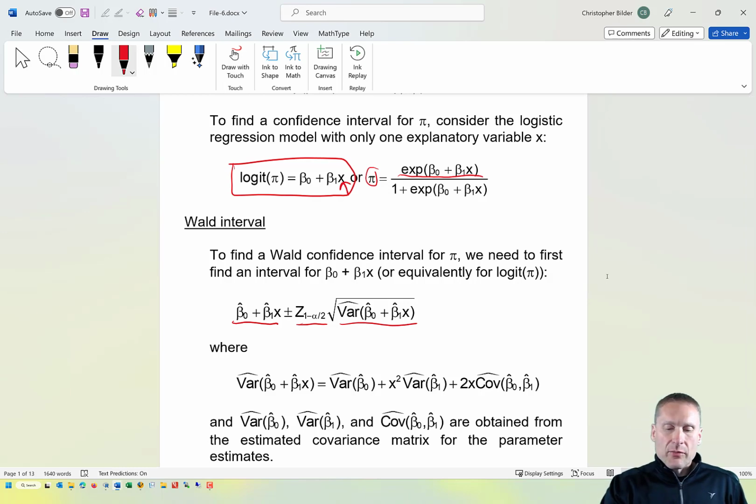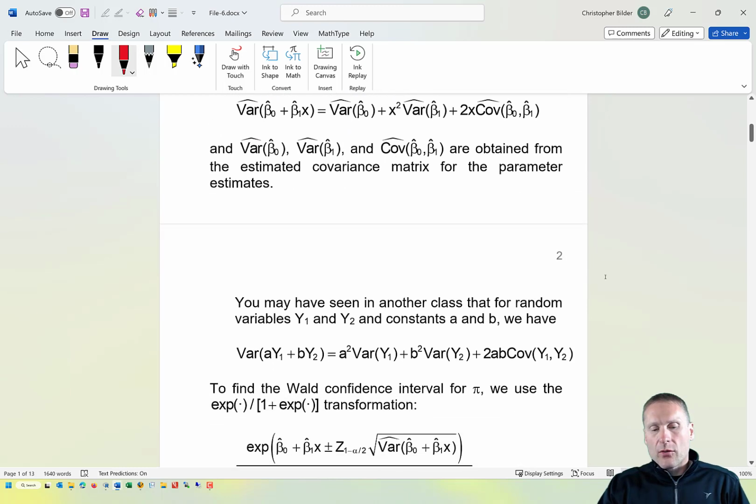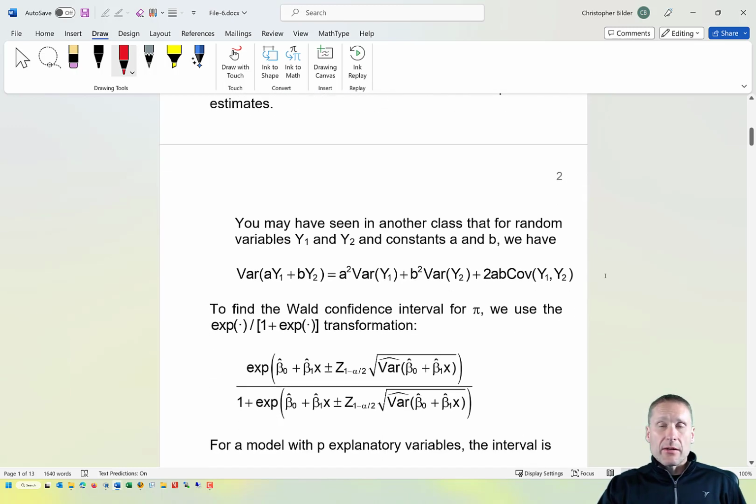Now, to find this particular variance, we need to look at the following result that would typically be seen in a mathematical statistics course. If you haven't seen it before, that's fine, but you do need to know how to apply the result. So let's say I have two random variables, y1 and y2, with constants a and b.